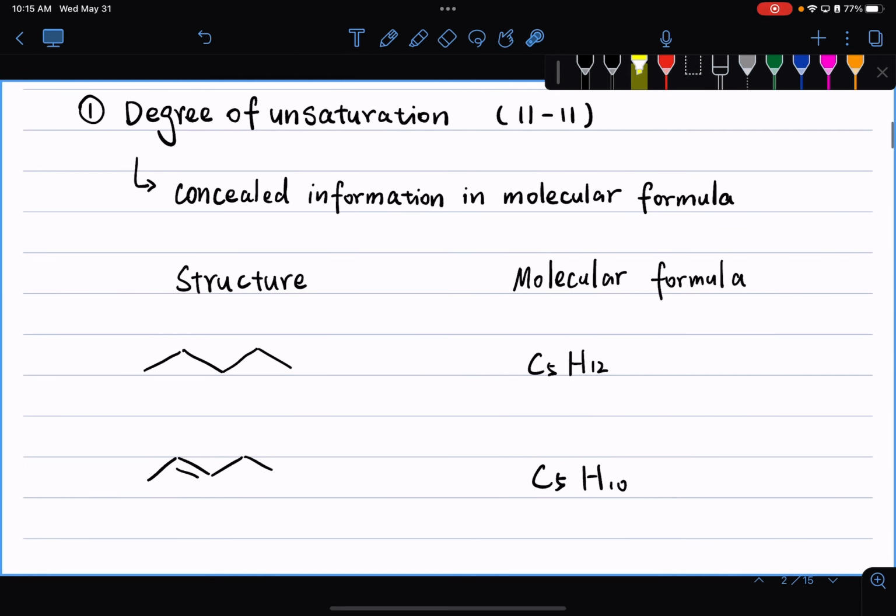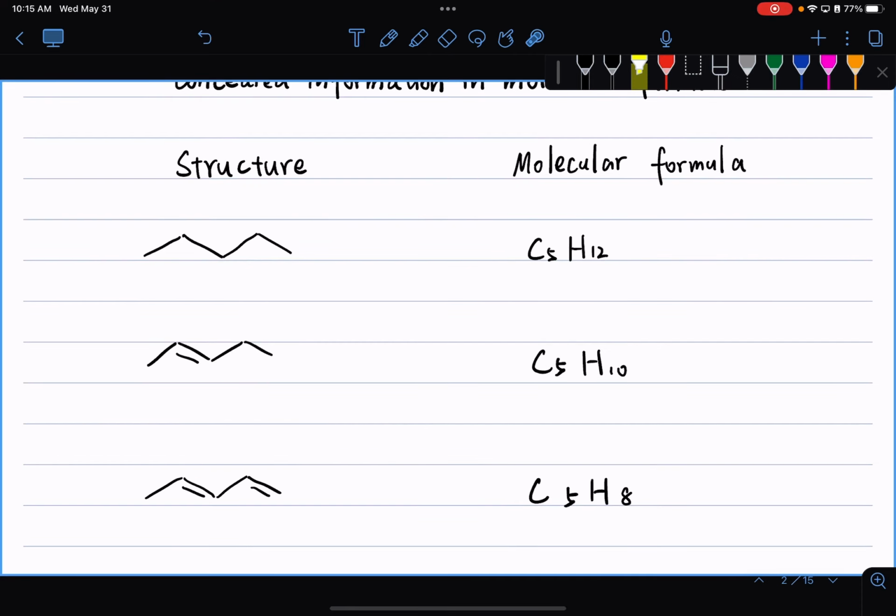And then one of the terms that we should have introduced before is the degree of unsaturation. Degree of unsaturation is not a hard term. This is just information that's hidden in your molecular formula. Let's look at 5 carbons. We always have 5 carbons, and depending on how many double bonds you have, if you write down the molecular formula, how many carbon and hydrogen atoms are in your molecule, you can find some kind of trend.